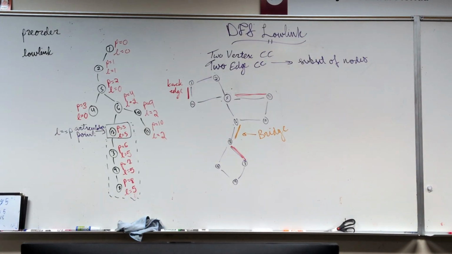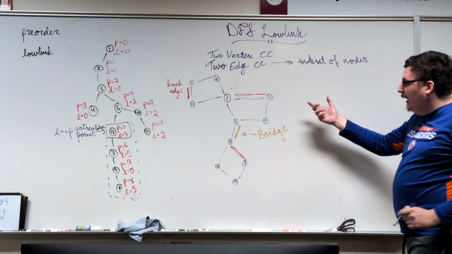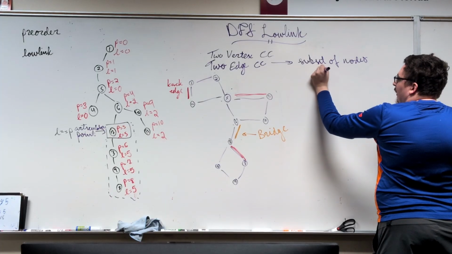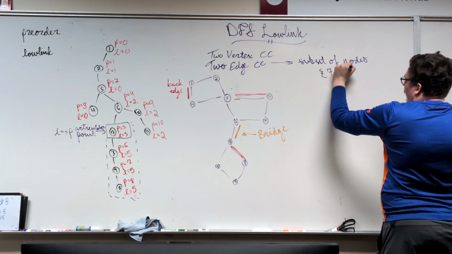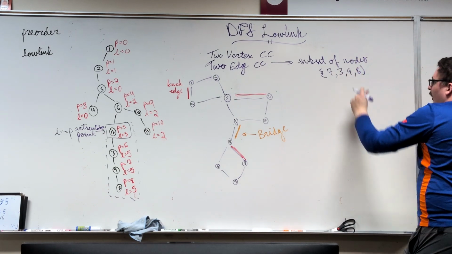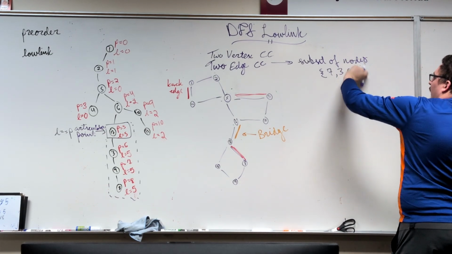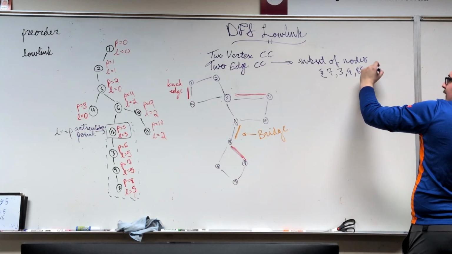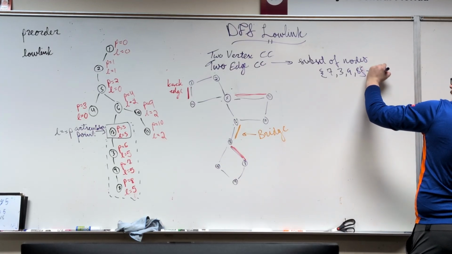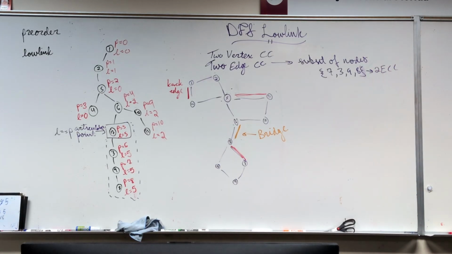So if we look at the subset of nodes 7, 3, 9, and 8, we call this subset of nodes a 2 ECC, a 2 edge connected component.